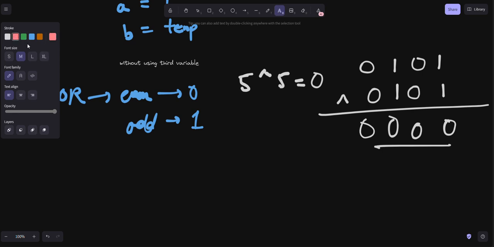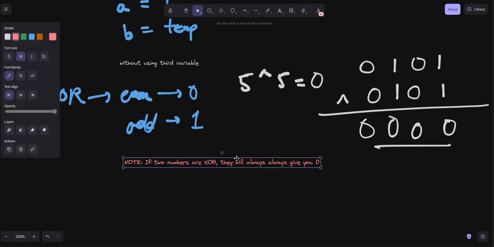So you can make a note here, which is very important, that if two equal numbers are XORed, they will always give you 0, right?